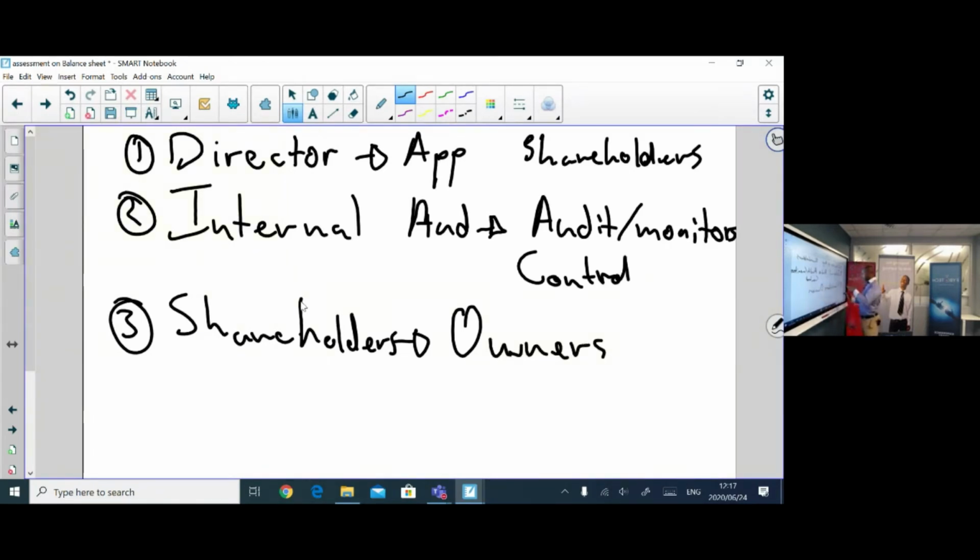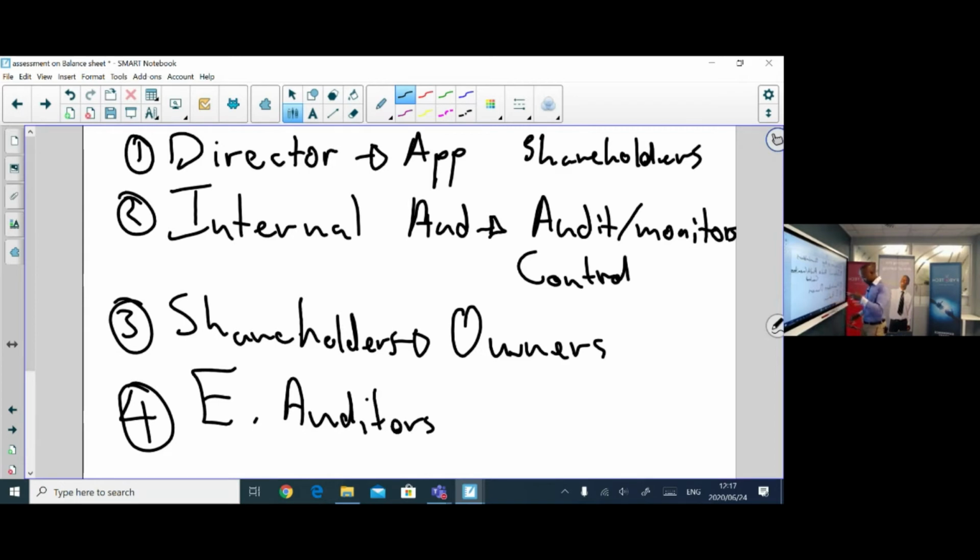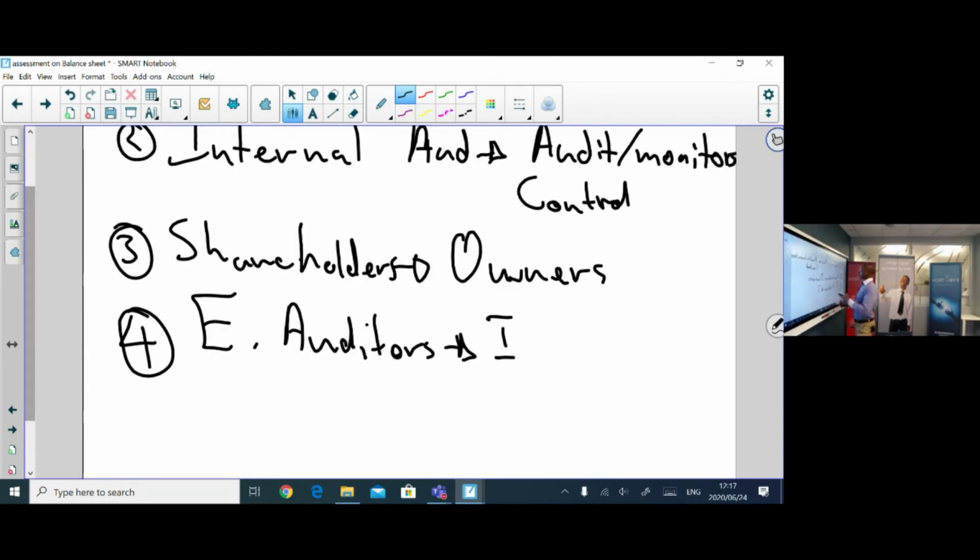And the last one was the external audit. So the external auditors are the ones who give what? An independent opinion. Independent.